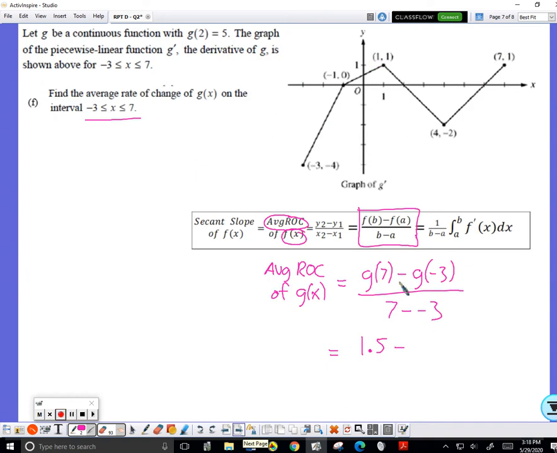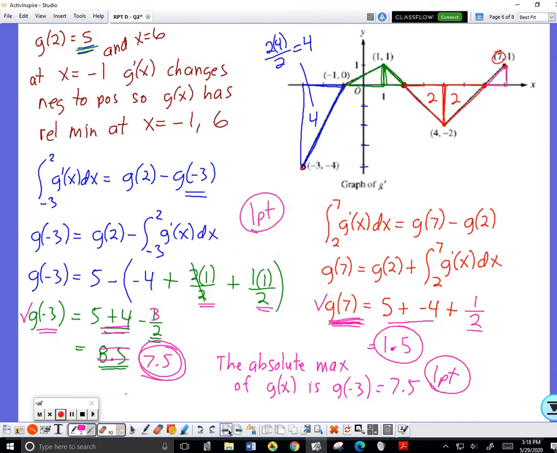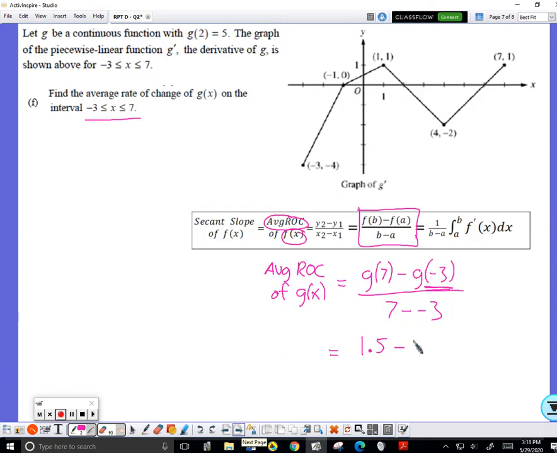So minus, here's the minus right here, that's that minus. G of negative 3 is, one more time, 7.5. Now I don't need to do any other simplification. And they'll give me a point for that.